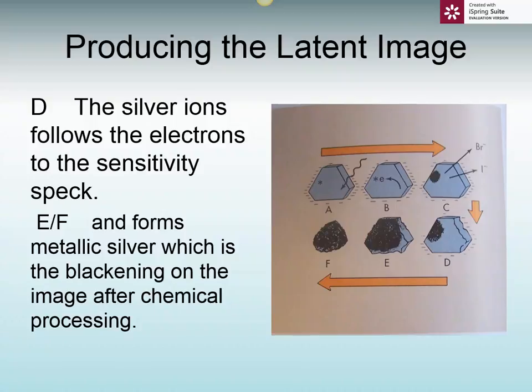This all occurs because we do chemical processing. Remember, you can't see this happening, but this is what's actually going on. The metallic silver will be made visible, this collection, after you've chemically processed it. We're going to be spending more time talking about the chemical processing later, when we get into the processing part of things.